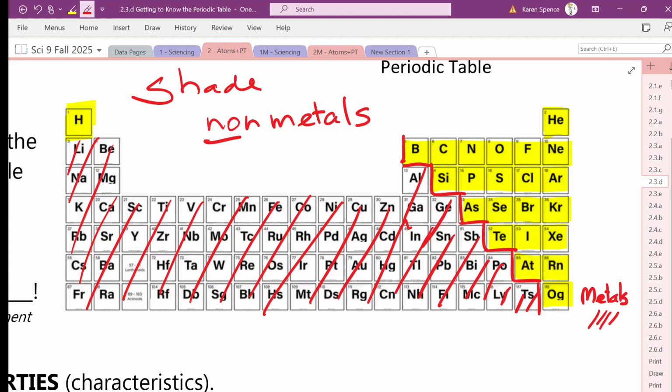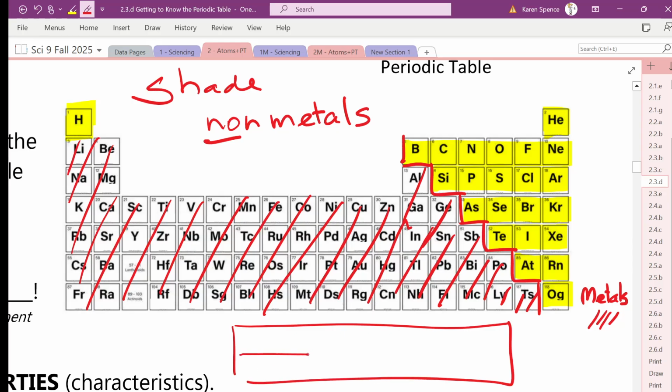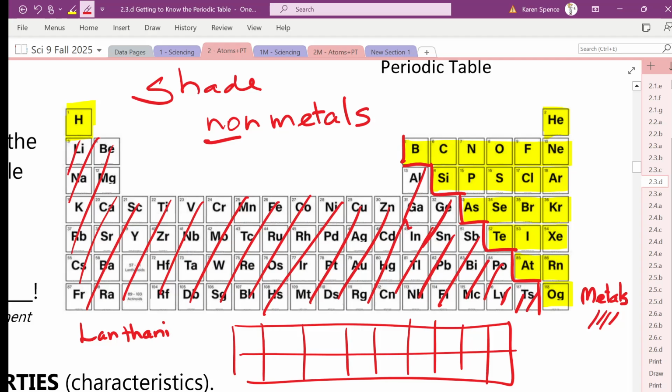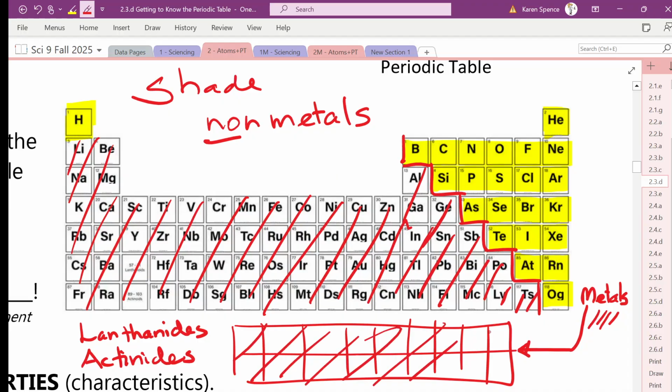What about the lanthanides and actinides? Are those metals or non-metals? Are they to the left of the staircase or are they to the right of the staircase? They are to the left of the staircase. So the lanthanides and actinides are metals.